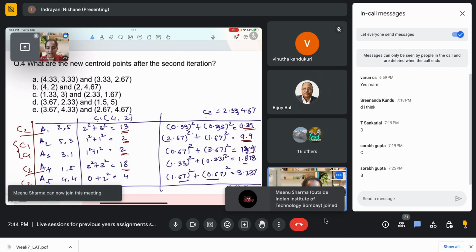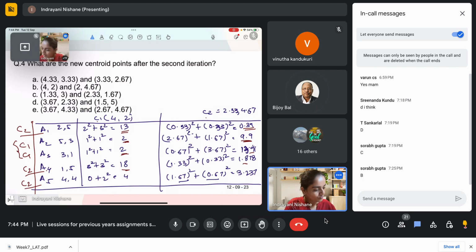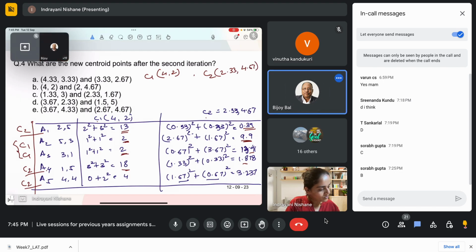So our centroid will remain same because the average of all these points is going to remain same. So C1 and C2 will be 2.33, 4.67. So which option will be the answer?